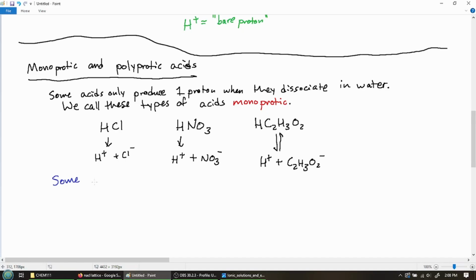Now, we can also say that some acids split apart multiple times. And each time, it's sort of like a different cost to split it apart. We call these types of acids polyprotic.